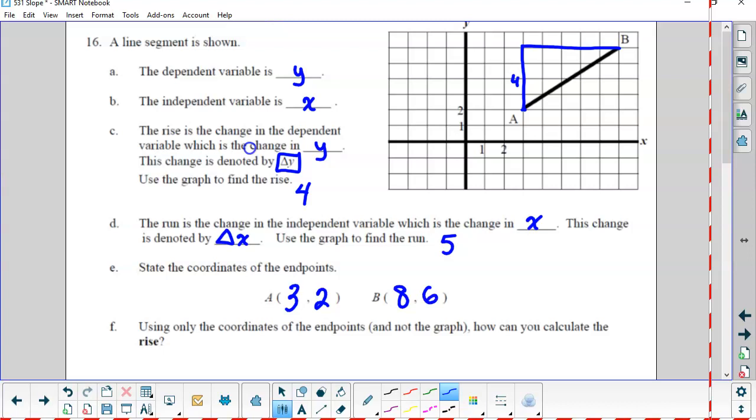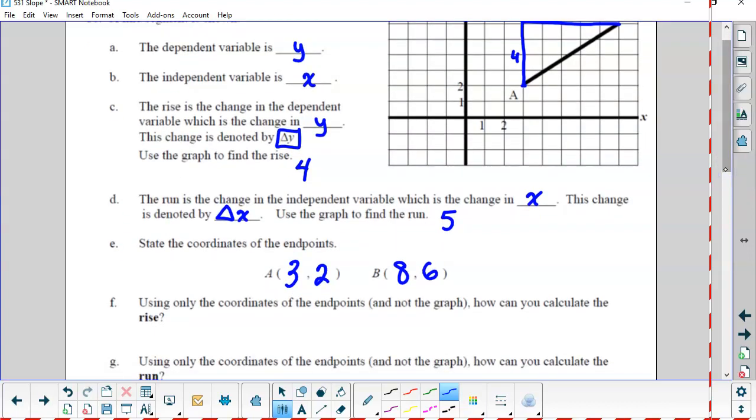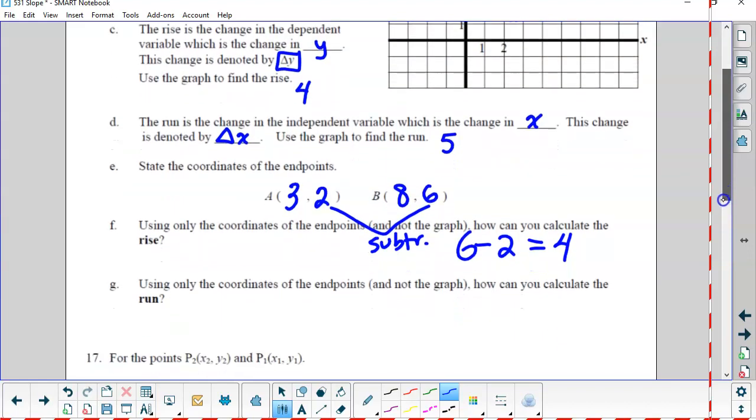Okay. So how can you calculate the rise? The rise we said was 4. Looking at the y values, how do we get 4 from 6 and 2? Subtract. So 6 minus 2 is 4. Kind of like what we were doing for distance, right?